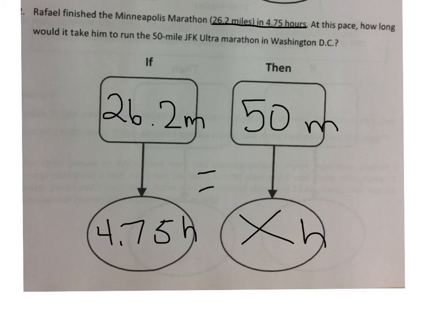Okay, these are not easy mental math numbers, so I'm going to grab my calculator. I'm going to multiply the numbers that are diagonal from each other. I'm going to take 50 times 4.75, and then divide by the other number, which is 26.2.